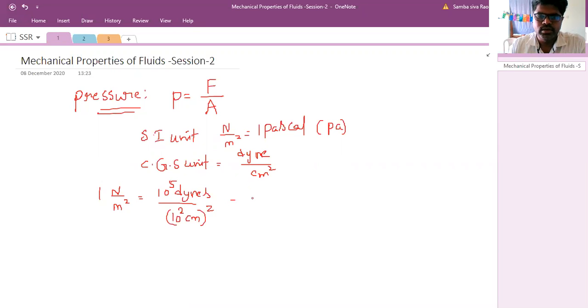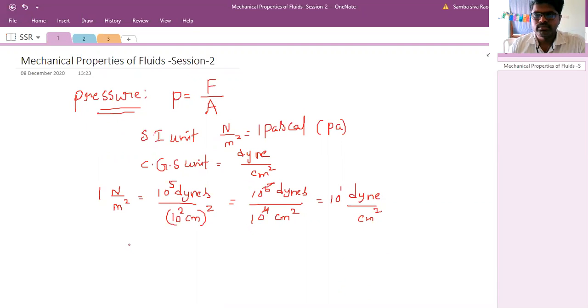So 10 power 5 dynes divided by 10 power 4 centimeter square, that is 10 power 5 minus 4, 10 power 1 dyne per centimeter square. So 1 Newton per meter square is equal to 10 dyne per centimeter square. This is the relation between the SI unit and the CGS unit of pressure.